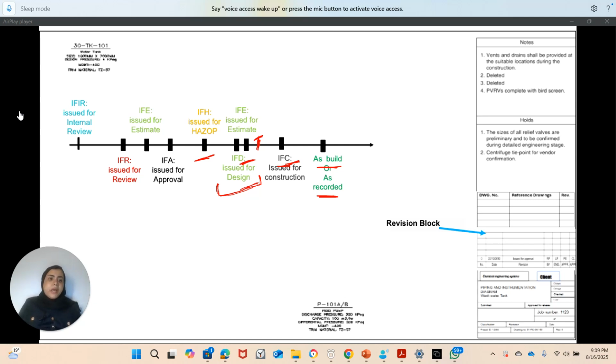Those changes will be made and the as-built revision will be issued. However, in some cases it is not done by an actual person, it is done virtually by cameras, and in this case it is labeled as recorded for legality and to protect the client, and it just means that it has been recorded virtually.